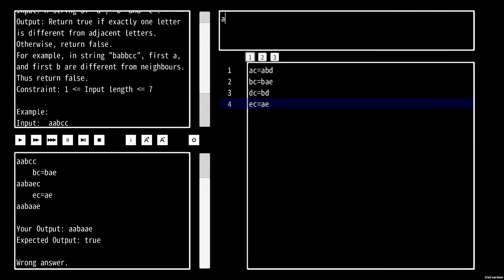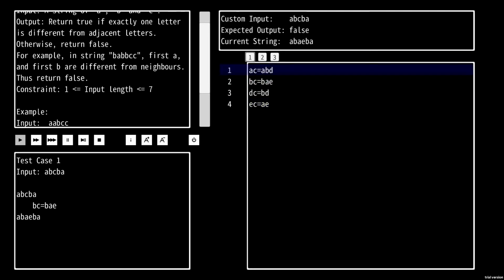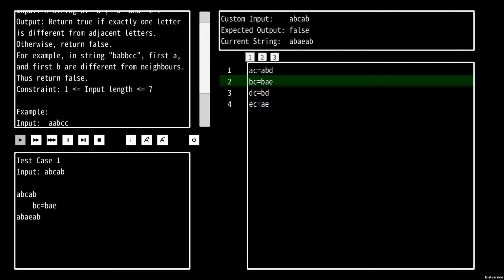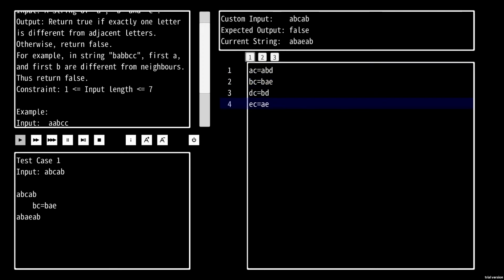So if I have A, B, C, B, A, what happens here? A, B, C, C, A, B. So next I need to do EA equals B, E, I think.